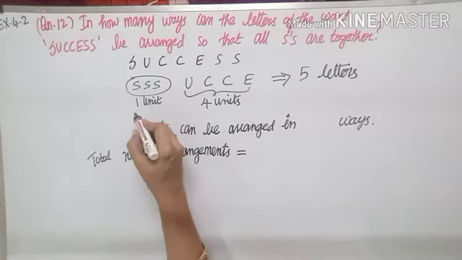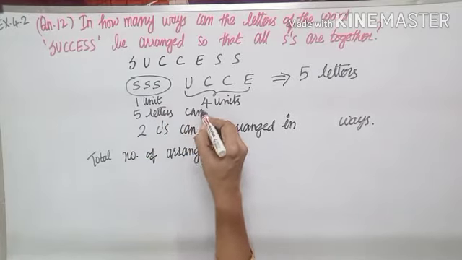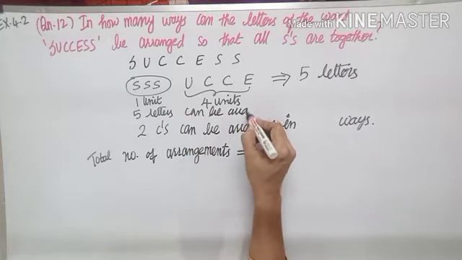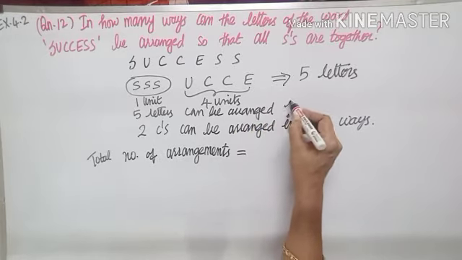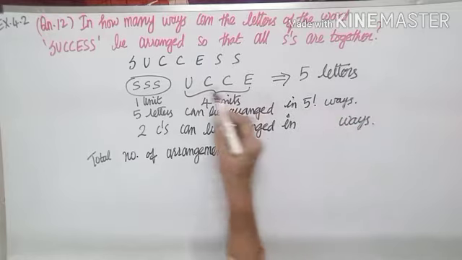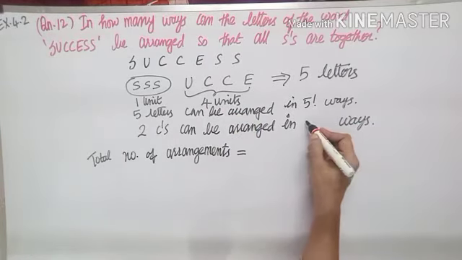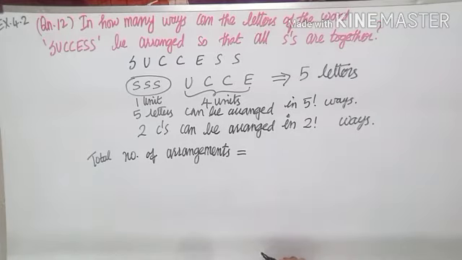So the 5 letters can be arranged in how many ways? 5 factorial ways. In that, there are 2 C's that are repeated, so 2 C's can be arranged in 2 factorial ways.